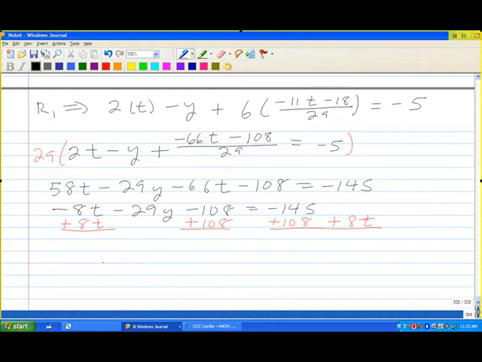So I get negative 29y is equal to negative 37 plus 8t. Let me divide both sides by negative 29.